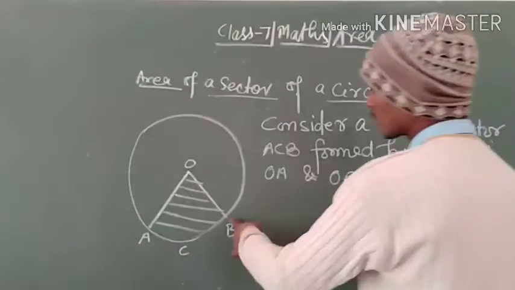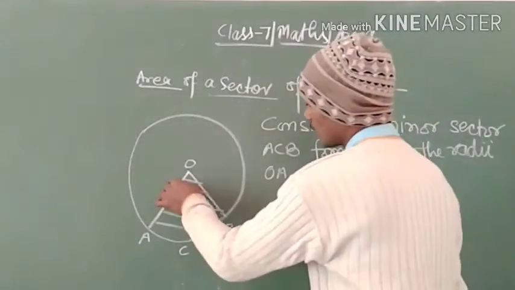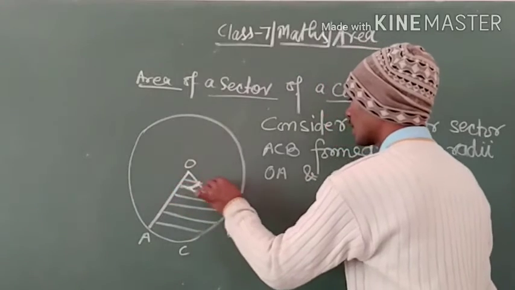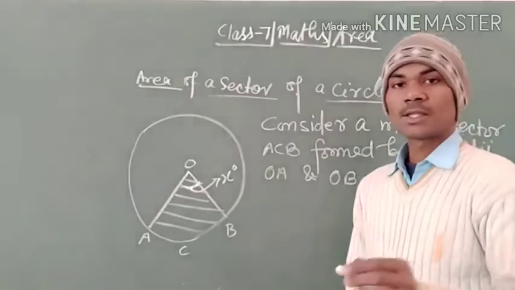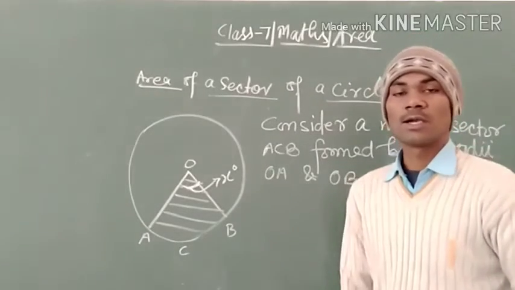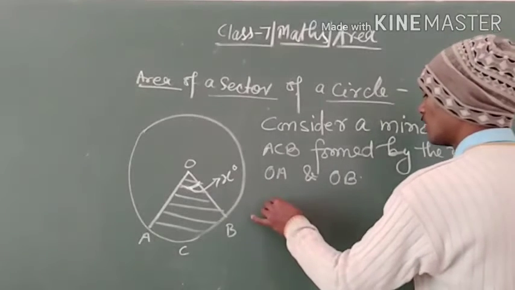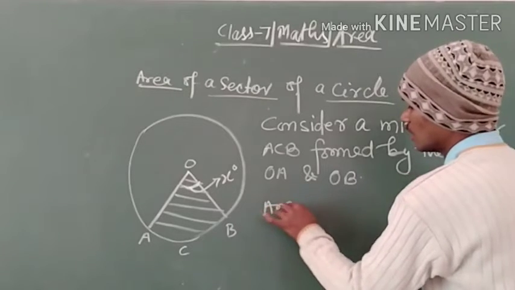If the arc ACB subtends an angle x degree at the center, then this angle is called the sector angle of the sector OAB. Then we can write the formula for the area of a sector of a circle.